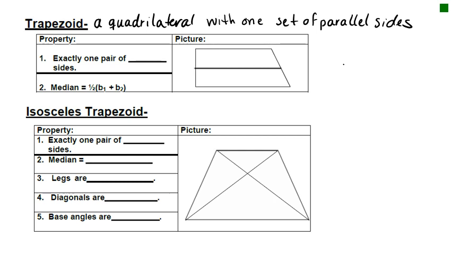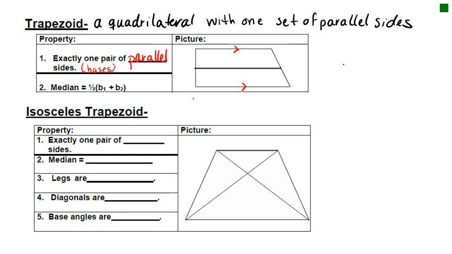All right, so a trapezoid has exactly one pair of parallel sides. So boom, boom, and those are called your bases.